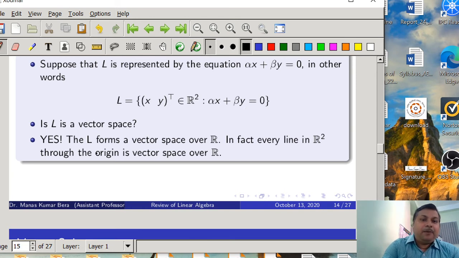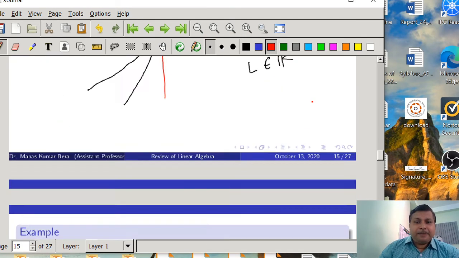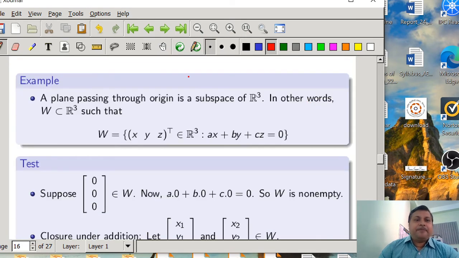Yes, the L forms a vector space over R. In fact, every line in R2 through the origin is a vector space over R. So this L is a vector space, which means we can say that L definitely is a subspace of R2.